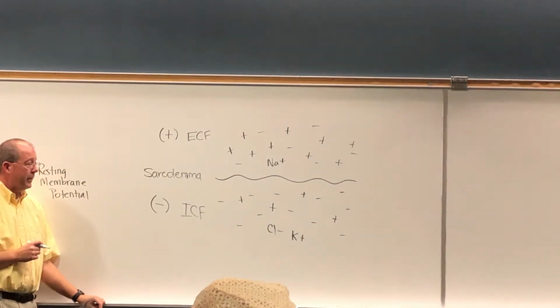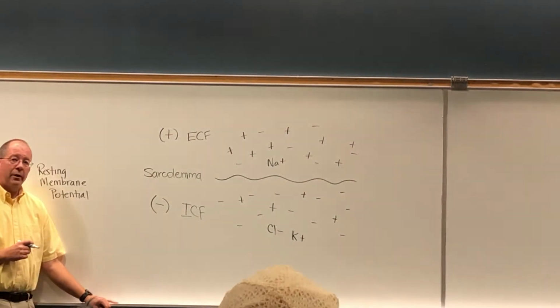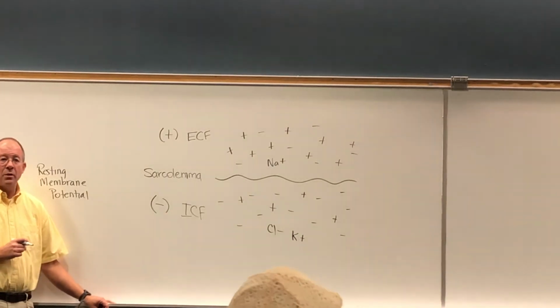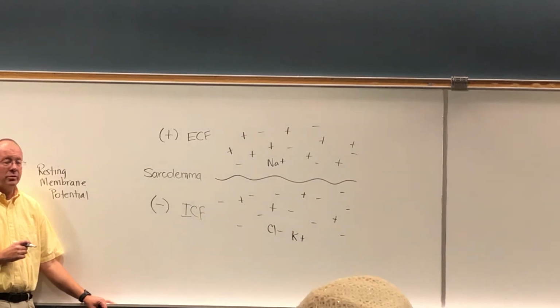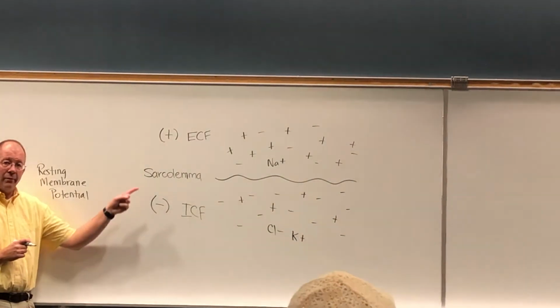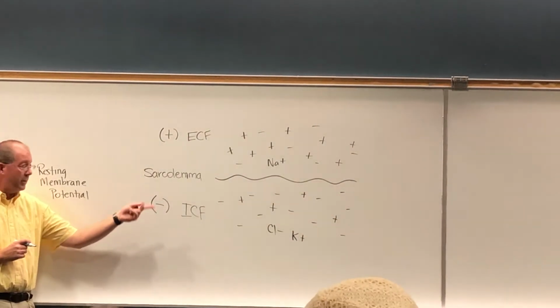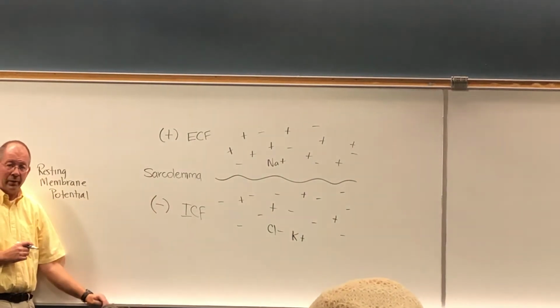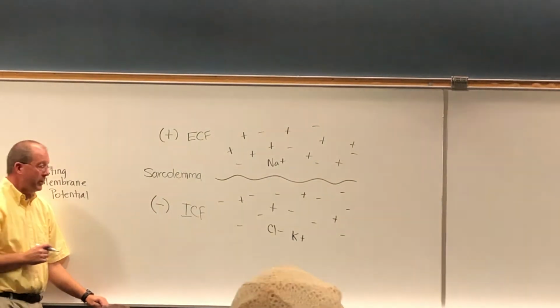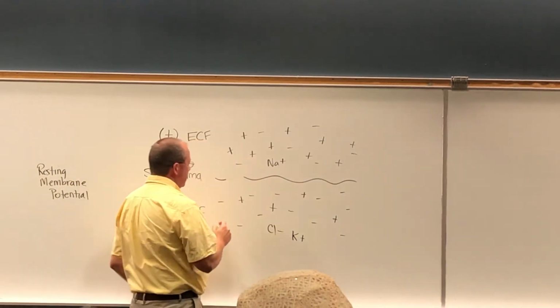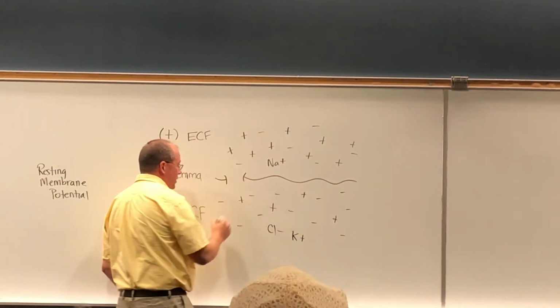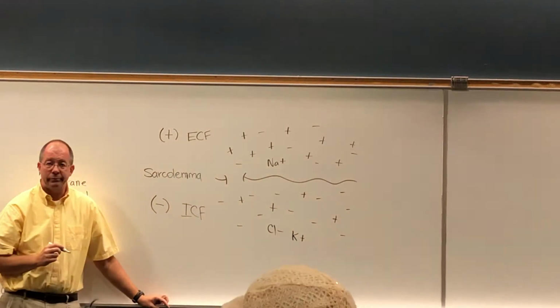Now we're going to talk about a series of events that gets muscles to contract. One of the things that happens several times is a brief shift in this resting membrane potential. For example, there will sometimes be gates in this membrane that open.